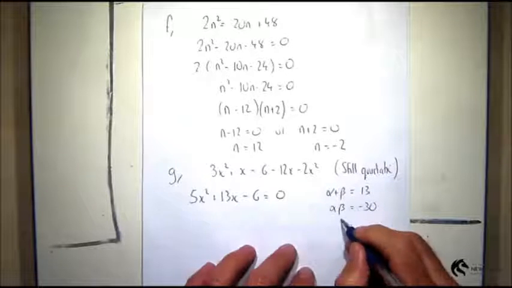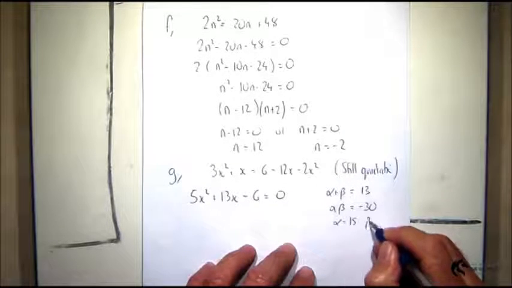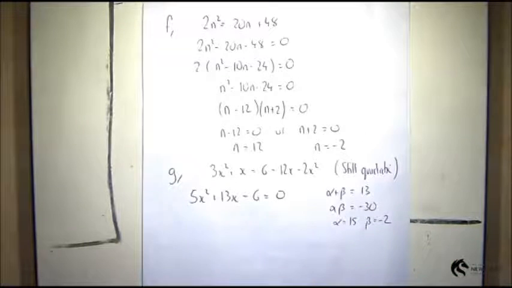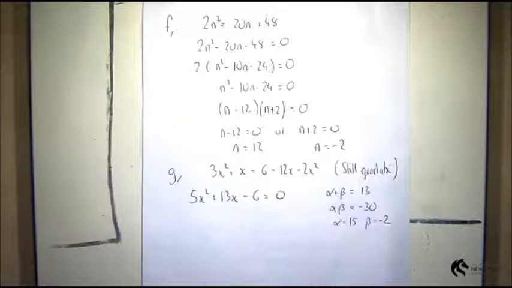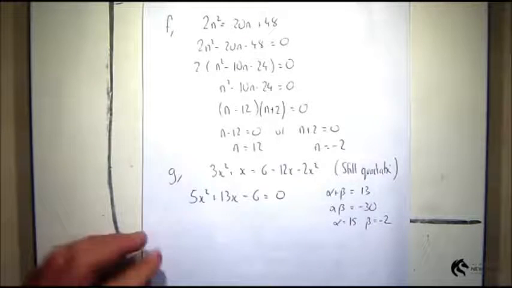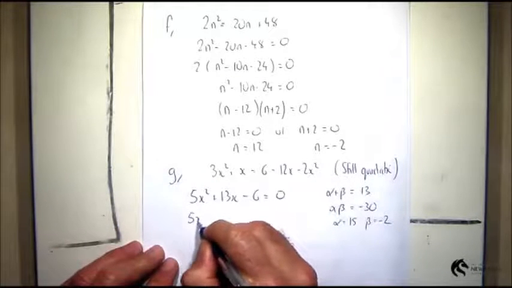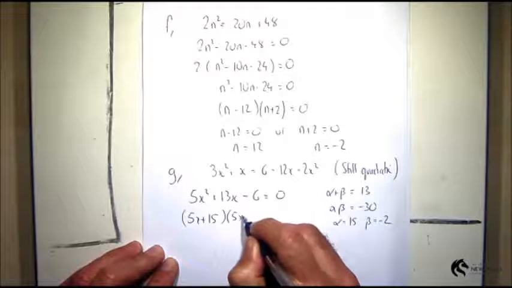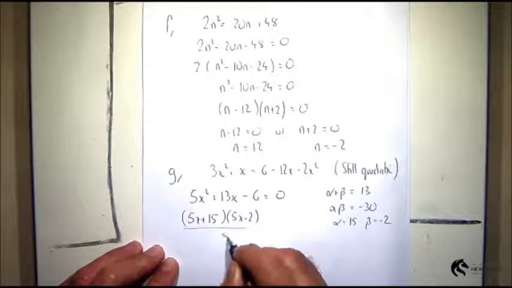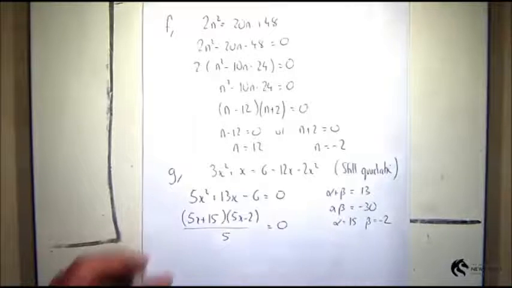So that says alpha equal to 15, beta is equal to minus 2. 15 times minus 2 is minus 30, 15 plus minus 2 is 13. So they're my numbers, and so this factorises as 5x plus 15 times 5x minus 2 all over 5 is equal to 0.